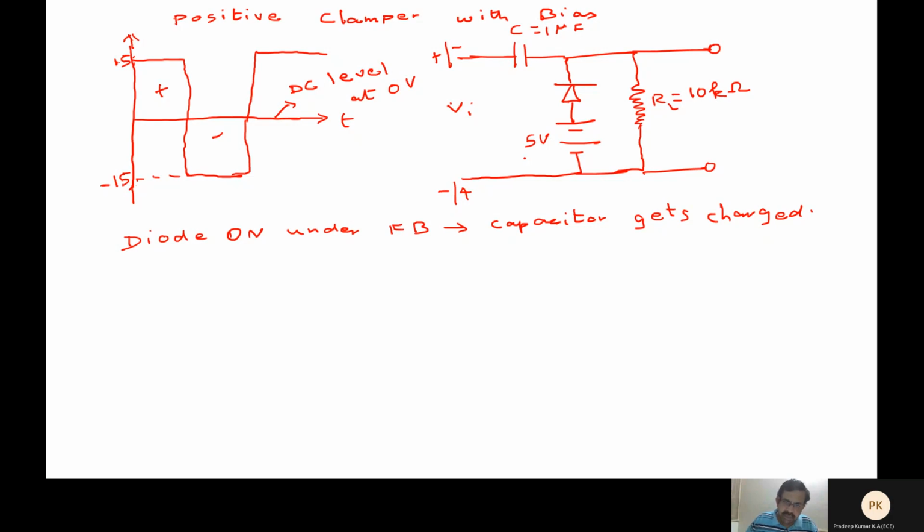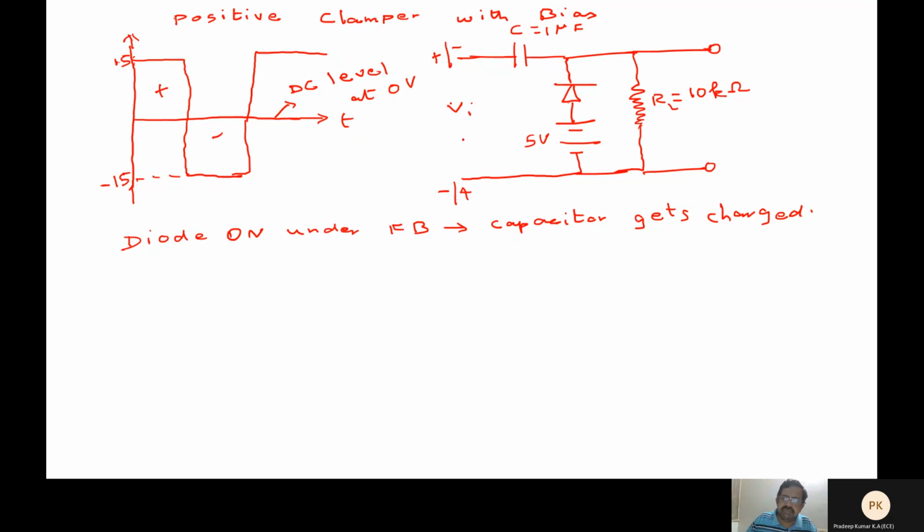Okay, when the diode is on under forward bias, we will see that this plate will acquire a positive charge, because the current will flow in this fashion. Whereas if it is under the reverse bias, the positive charge will be here, negative will be here. So with the opposite polarity, it could get charged. There is no doubt about it.